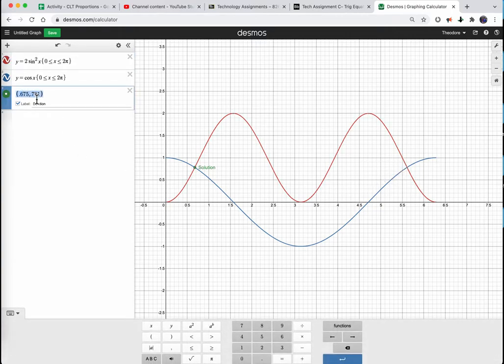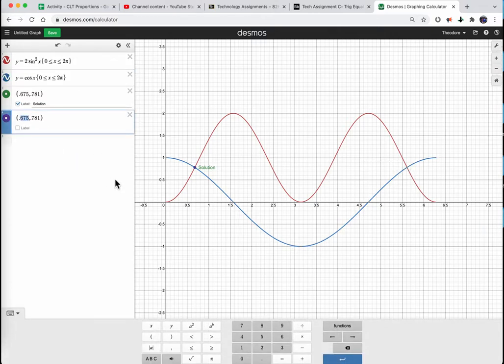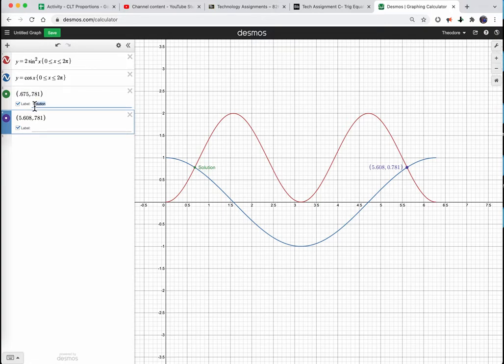So for that, a little copy paste goes a long way. So again, it was 5.608. This is also a solution.